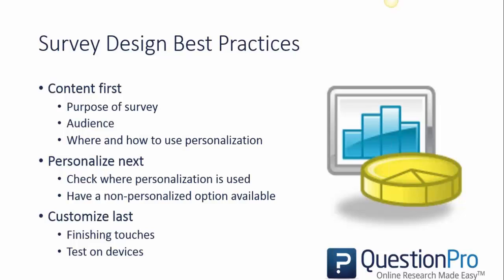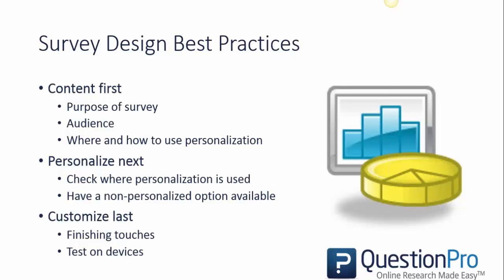All right, so we've talked content first, personalize next, and then we do our customization. Customization, as we're talking about it today, is putting those final touches on, making the really cool brand experience for your audience. Do that last.